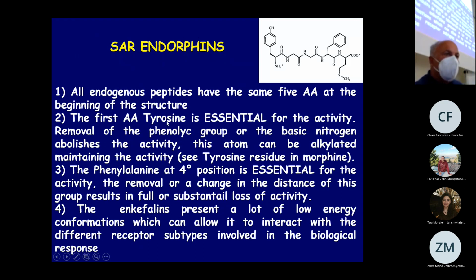Once again, you see, first, tyrosine is essential, but also phenylalanine in the fourth position is essential. So these two aromatic amino acids are very important, essential for the activity. And also the two glycines are important as a spacer between these two aromatic amino acids.